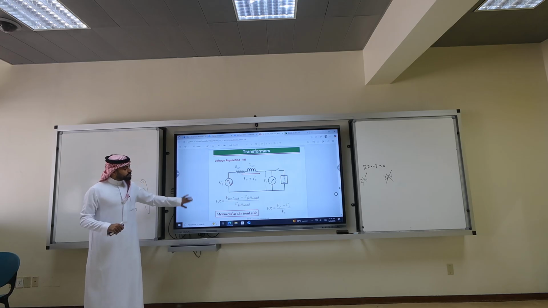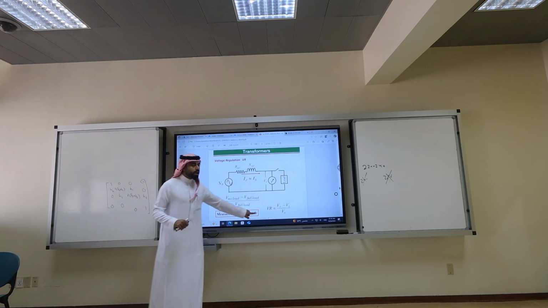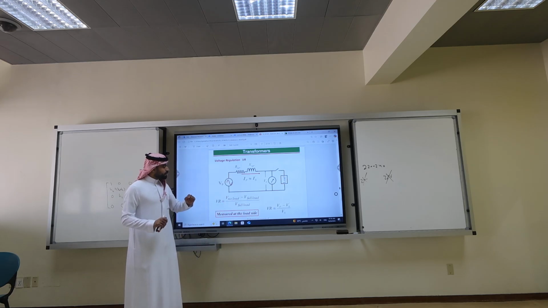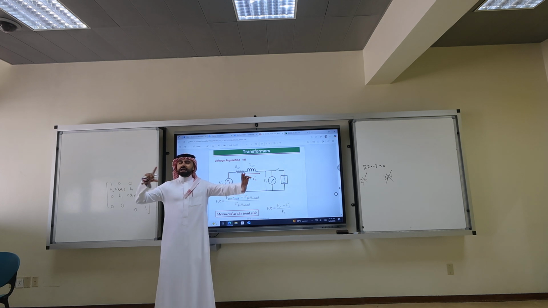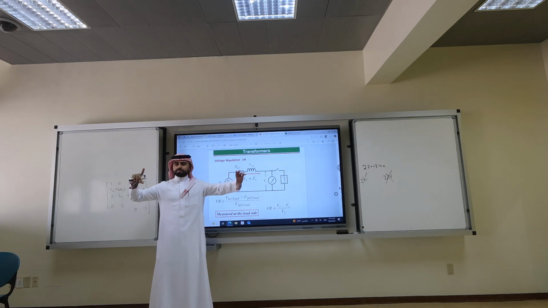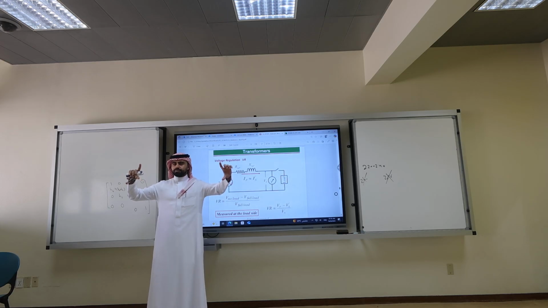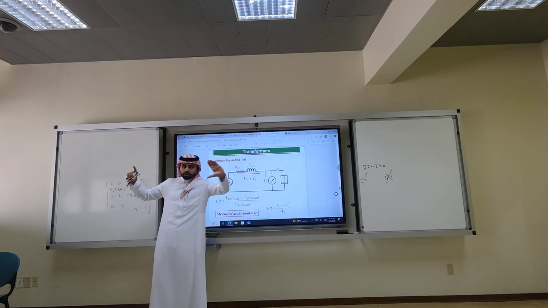So the voltage regulation is measured where? At the low side. Now, think with me. If I connect a load of 220 volts, maybe I supply at the primary maybe 460. What is the voltage at full load? 220 on the load side.